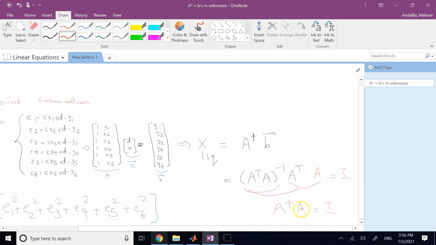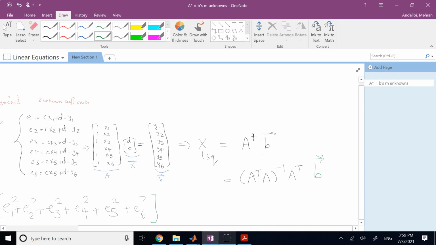So it acts like an inverse when you multiply it from the left side, you get the identity matrix. But we call it pseudo-inverse because A is not square, so it's similar to an inverse, but not the real inverse. So in this case, as I said, the least squares solution is basically the pseudo-inverse of A times B, okay?